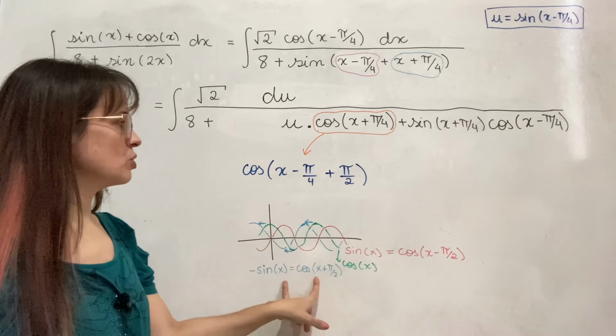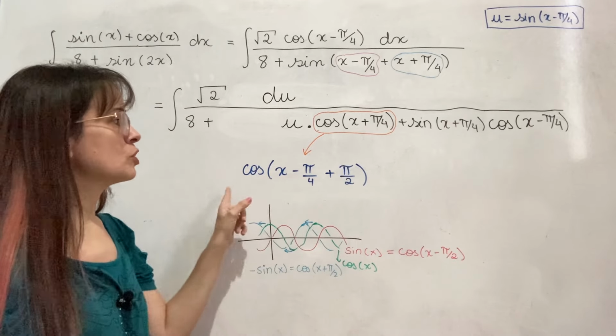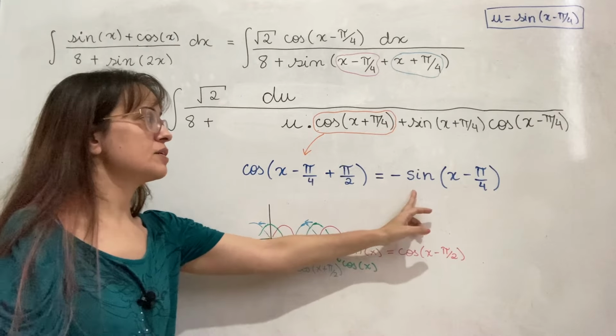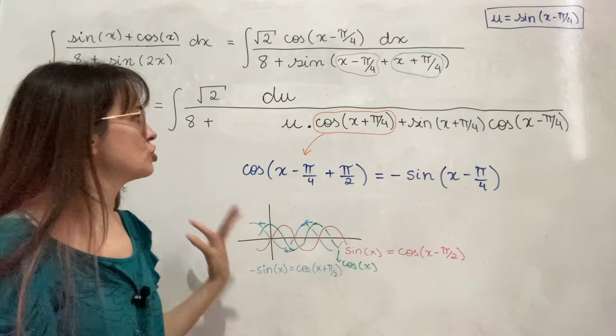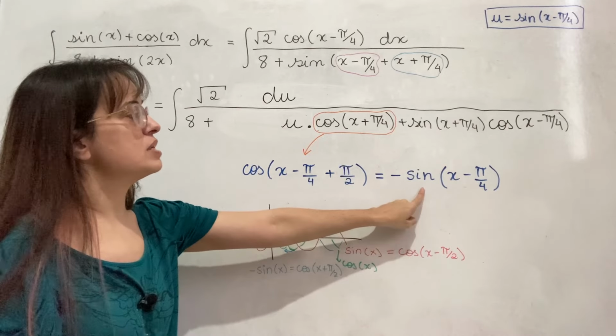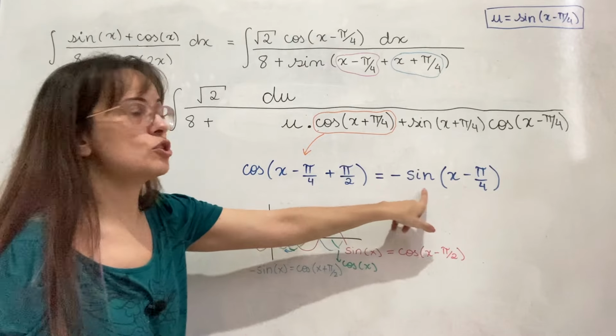But instead of happening on x, it's happening on x minus pi over 4. So that this thing here is minus sine of x minus pi over 4, which is going to be a lot more convenient for us because this is the substitution that we've been doing. So this here is minus u.